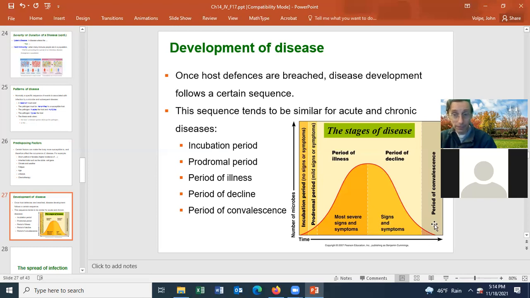Talking about the period of convalescence, I noticed that sometimes when I get a cold, it doesn't work with the flu, I've tried. When I'm first coming down in the prodromal period, if I get lots of rest, and I'm talking about excessive amounts of sleep and rest, I can knock the illness from the prodromal period to the period of convalescence, and I'll talk a little bit more about that in a minute.